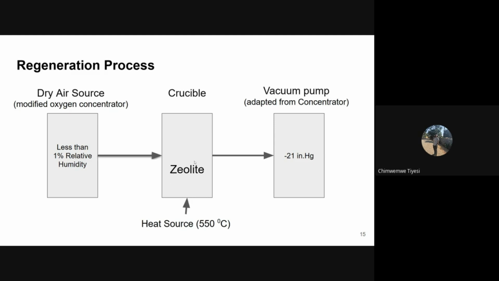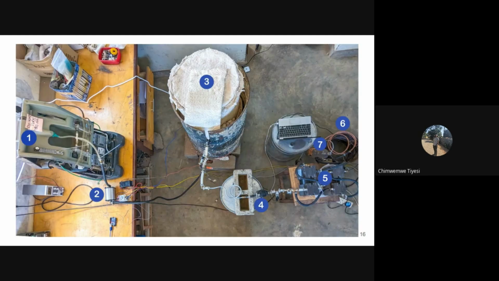This crucible is under heat. We're giving it 550 degrees Celsius. Between the crucible and the heat source, we have a thermocouple that is connected to a PID controller. At the same time as we are introducing dry air and heating, we are also vacuuming, that is, sucking out the air from the crucible at a level of minus 21 inches of mercury vacuum. And this air is introduced at approximately 20 liters per minute.